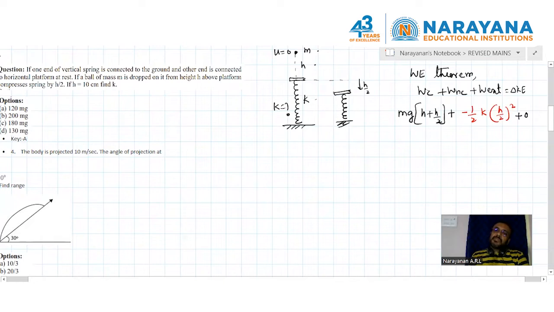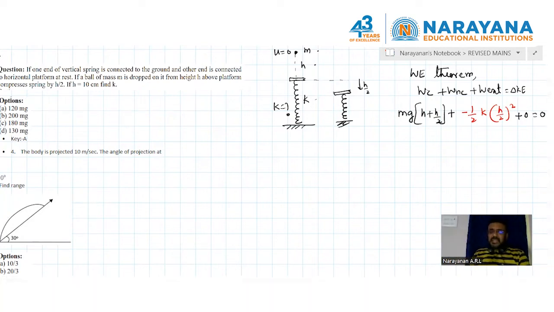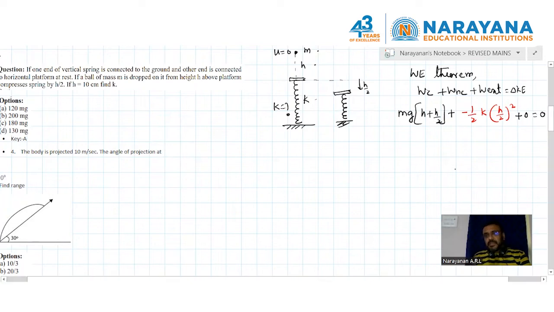There is no external force. Change in kinetic energy is 0. Why? Because initially it is at rest. When the system has compressed to the maximum extent, its speed will be again 0. If you solve this expression, we can get the value of k.